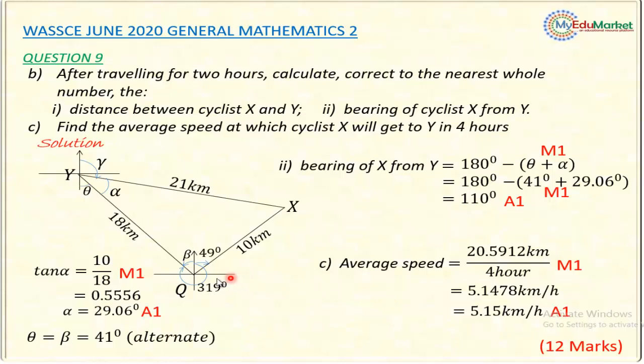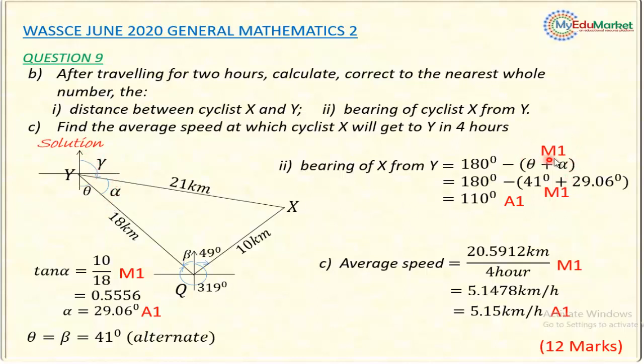The first mark is M, method mark, for using the tangent ratio in an attempt to get this angle alpha, using the tangent ratio 10/18. You have the method 1 mark. And getting alpha as 29.06 accurately, you have accuracy 1 mark there. Then the next mark is for adding the alpha and the theta, in an attempt to subtract from 180 to get the size of gamma, that is the bearing.